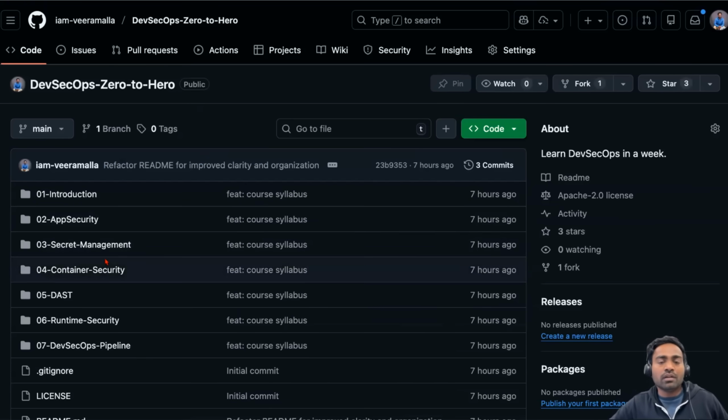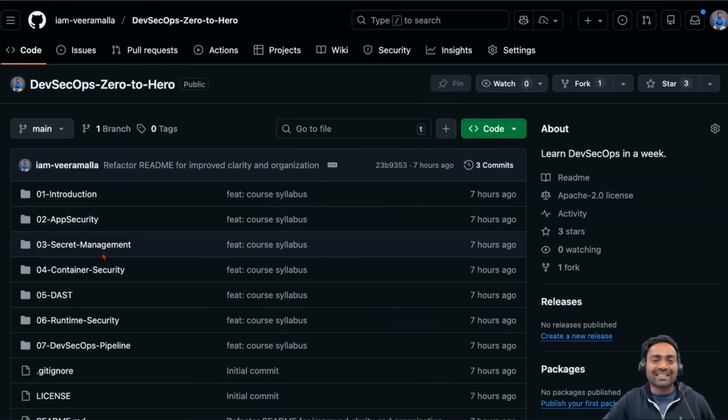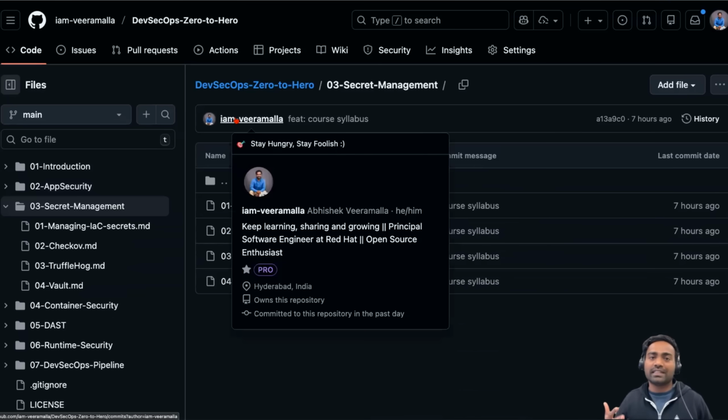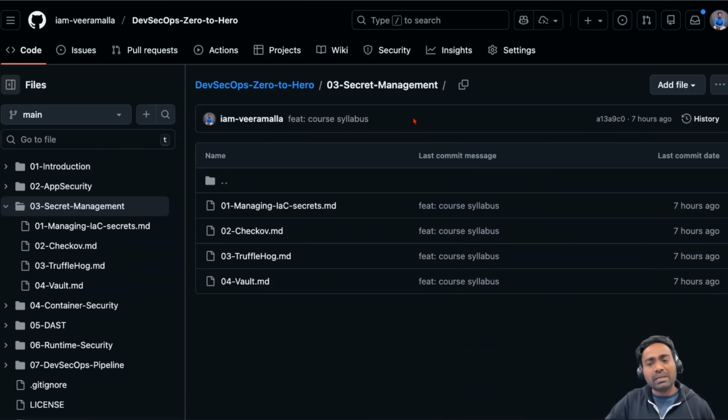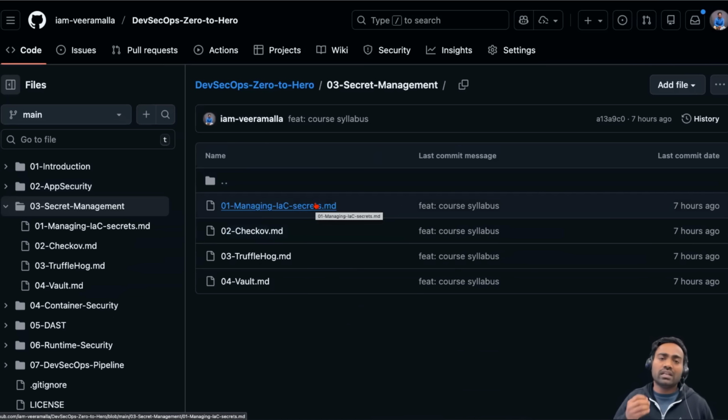Then in day three, we will learn about secrets management. Of course, whenever you talk about DevSecOps, I think the first thing that comes to your mind is secrets management. We will also focus on secrets management in this series. So what we'll cover as part of secrets management, basically, we will start with understanding how to manage your infrastructure as code secrets.